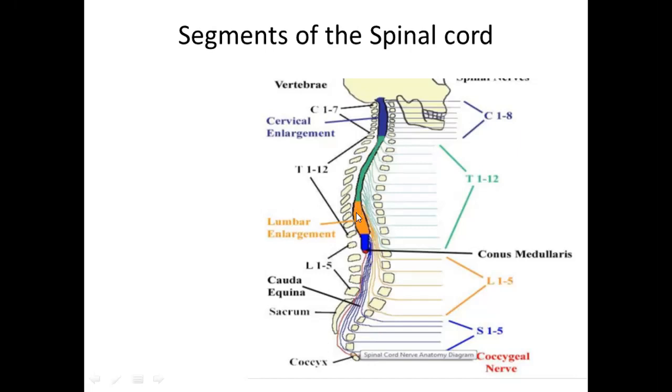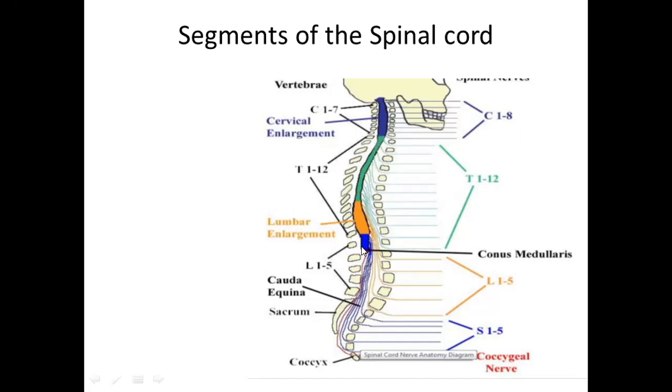Five spinal cord segments give rise to five pairs of spinal nerves. In the sacral region, we have also five sacral segments. And lastly, the end of the spinal cord is the coccygeal segment. This is one segment called the coccygeal segment.